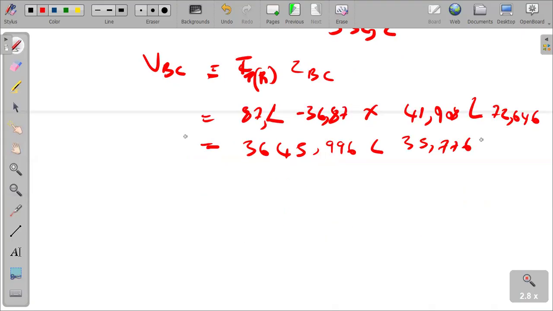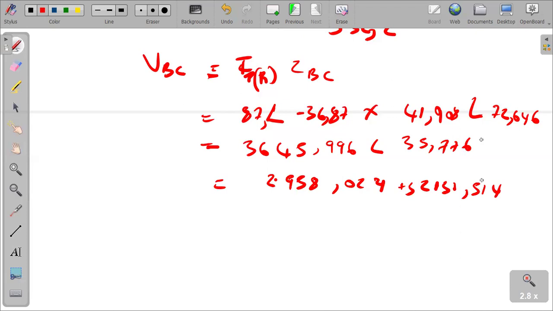In rectangular, that's 2958.029 plus j12,131.514. We have VBC.